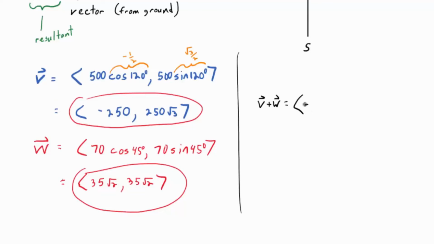So what do you get? Negative 250. That's from V, right? Plus what? 35 root 2. Then from the vertical components, what do you get? 250 root 3 plus the 35 root 2 for, well, this one, right?